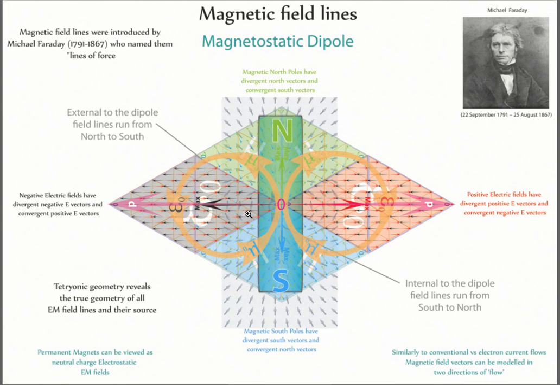In both cases, Tetryonics rebuts what special relativity claims and provides a completely alternative explanation through the geometry of energy momenta within the discrete fields, or the scalar fields of magnets as well as electrostatic charges.